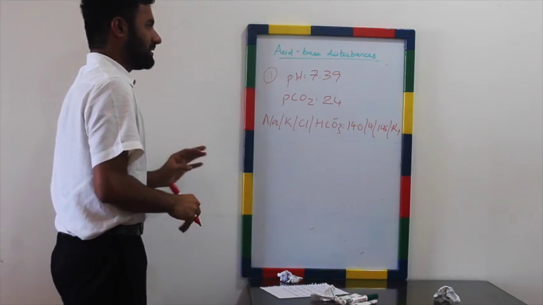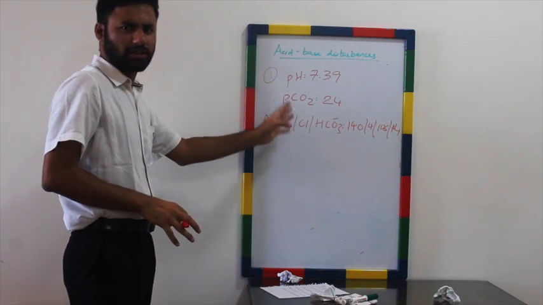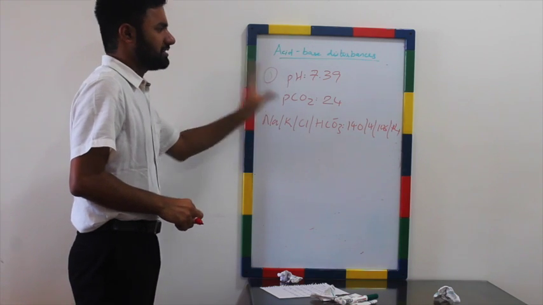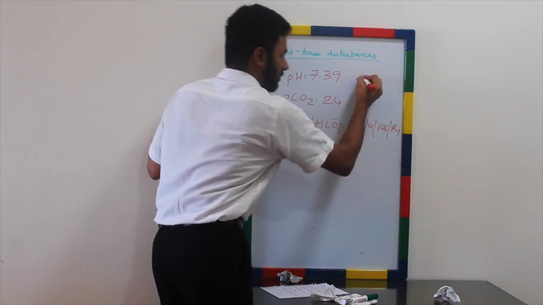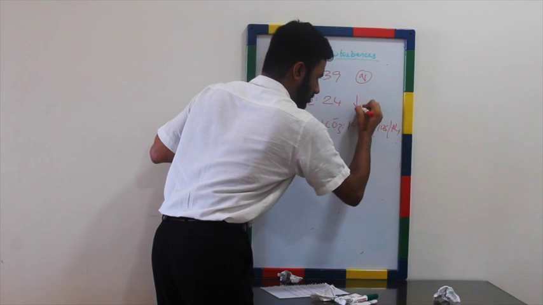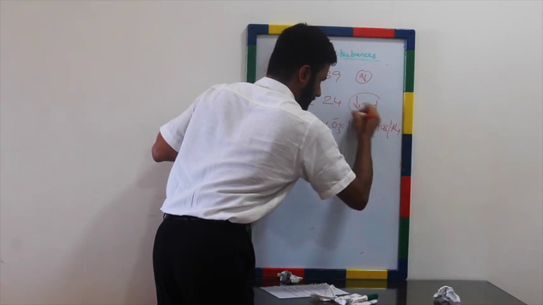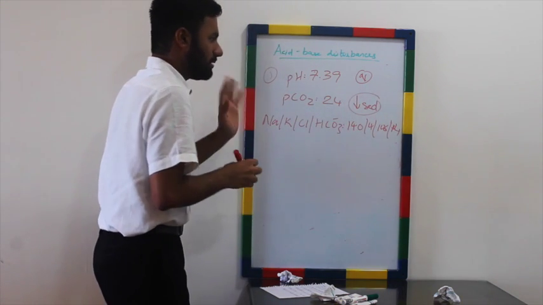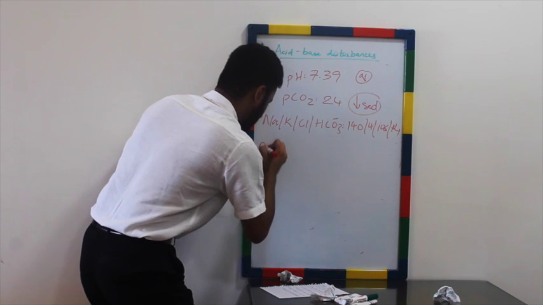This is the arterial blood gas that is given to you. Don't worry about the clinical scenario. We just approach it. So pH is normal. PCO2 has decreased. So immediately what we can say is that there is a mixed disorder.